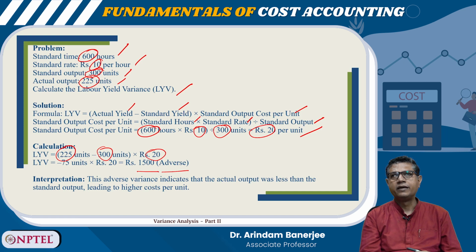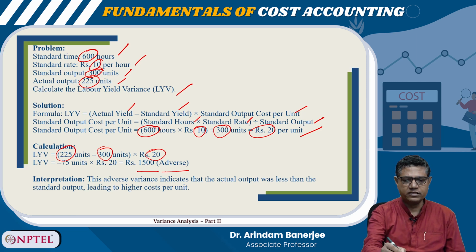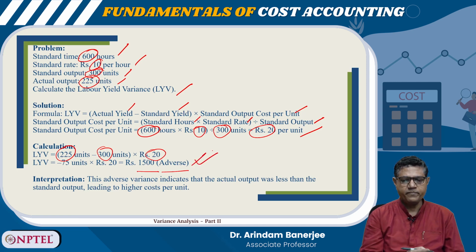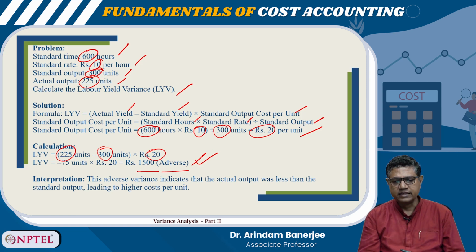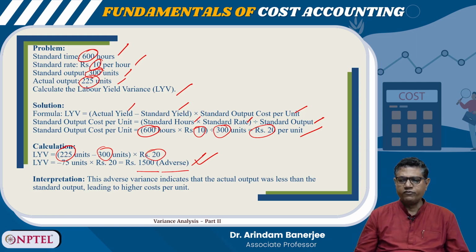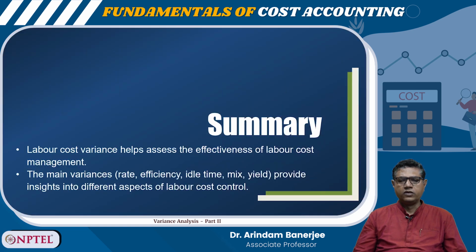In this case, the actual output is 225, but the standard output should be 300. So, actual output is less than standard output, so it is adverse. This adverse variance indicates that the actual output was less than the standard output, leading to higher costs per unit. Okay.